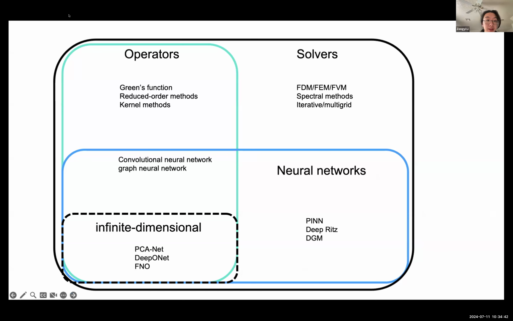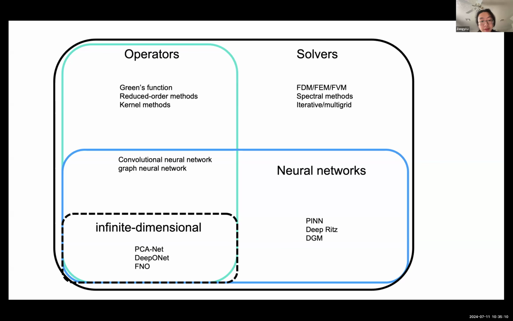Overall, we can divide the machine learning methods into several categories. On the left, we have operator learning. That solves for a class of equations, say the heat equations or the Darcy equations. It works on this type of equations with one type of input. The variable could be the initial conditions, coefficient, boundary, or geometries.